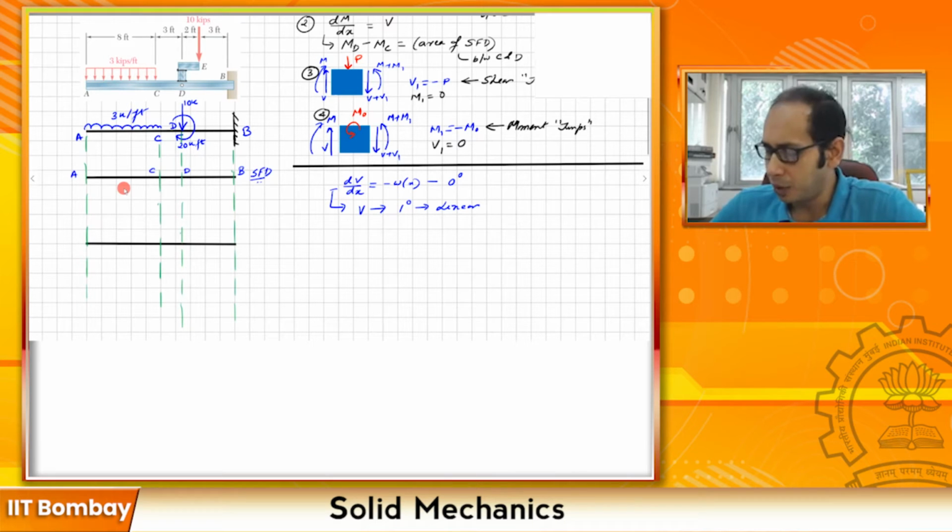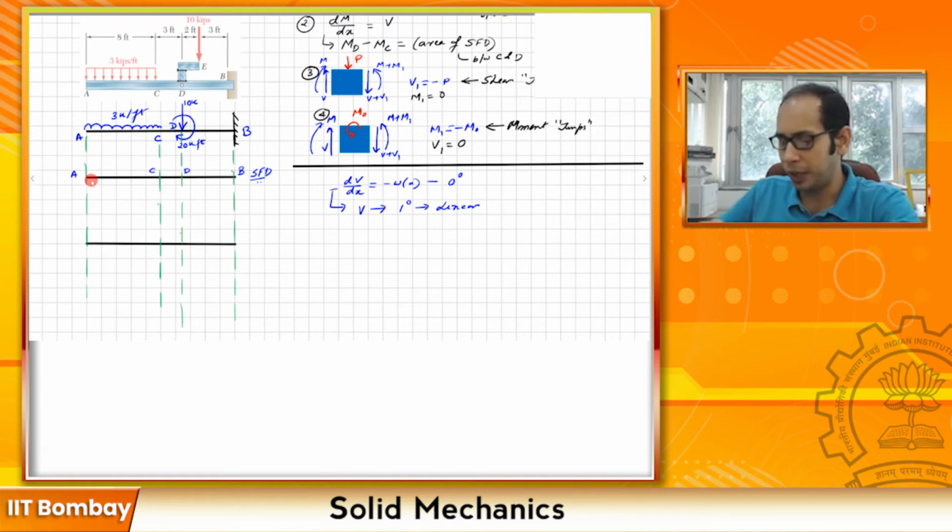Another thing to note is whether it will go on the upside or the downside, and that is dictated by the slope. If you remember, dV/dx equals the negative of the load at the point where you are computing the slope. Here dV/dx will be minus 3, because the loading is minus 3, so it is going to be a downward linear line.